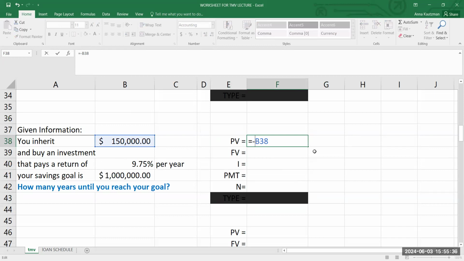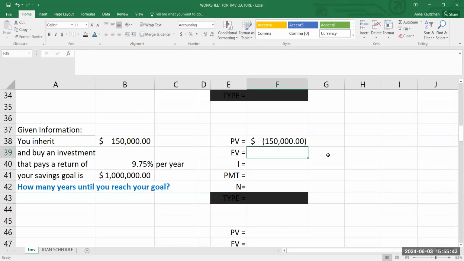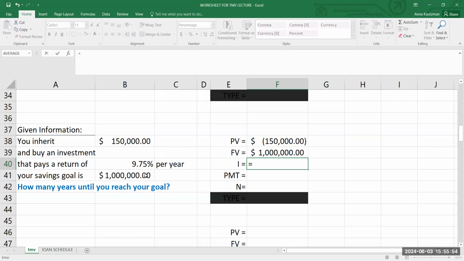It's an outflow from you into the investment. Future value is going to be your goal. Equals, we'll click on the $1 million, hit enter. I, the annual interest rate, equals, click on the interest rate. And again, it's rounding, which we don't like, so let's clean that up to 2 decimal places.